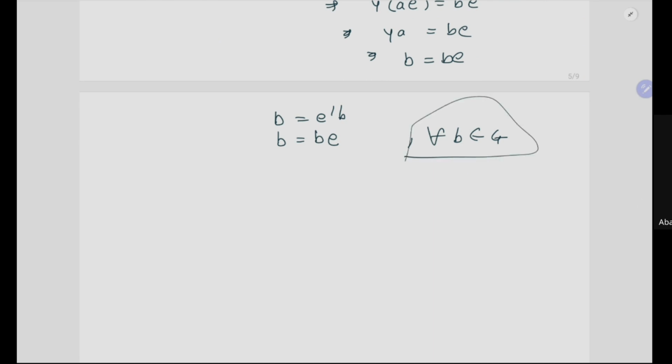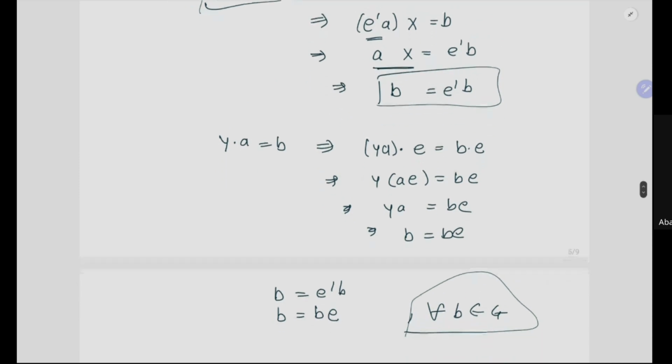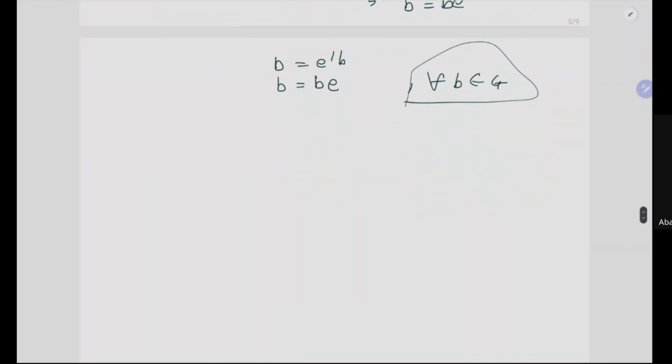So in particular, this is true also for E, right? Yes, ma'am. So if I take B equal to E, then E is equal to E dash E, and E dash is equal to E dash E. So this will give me E dash is equal to E. Now, is this clear?